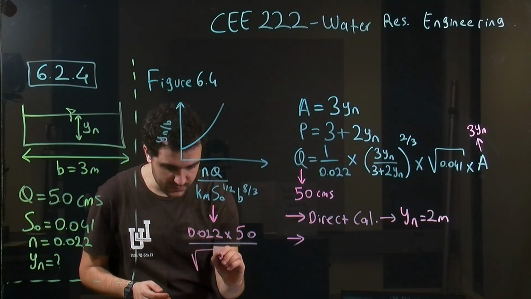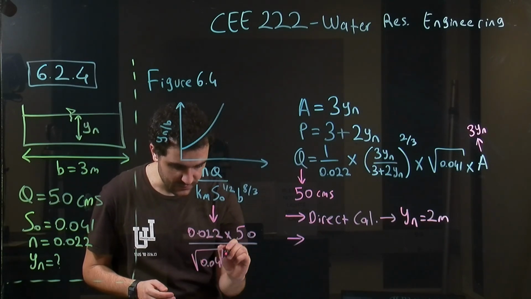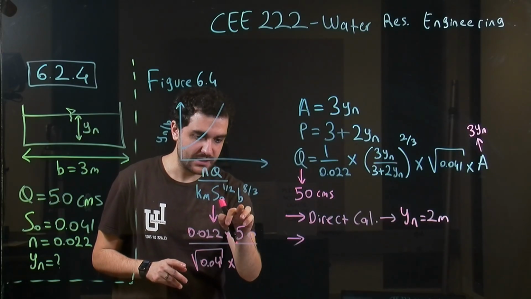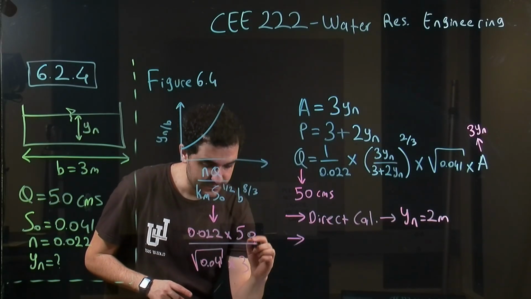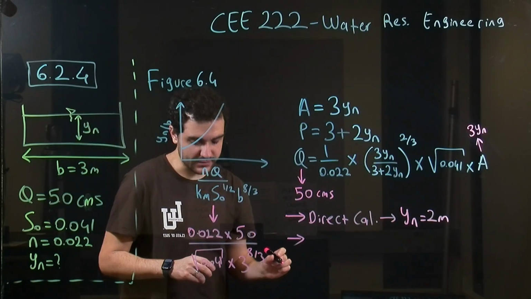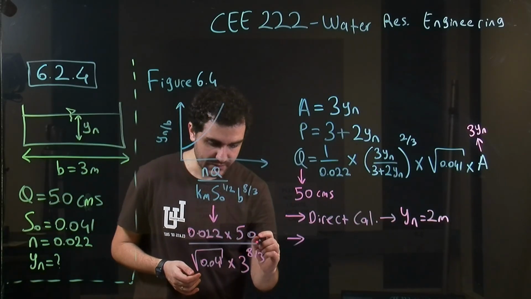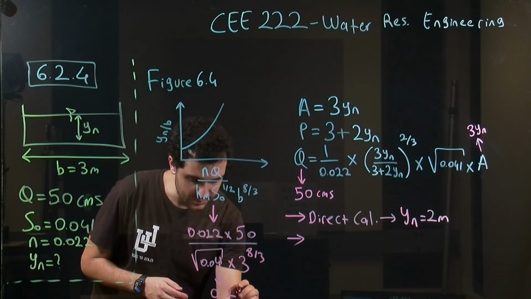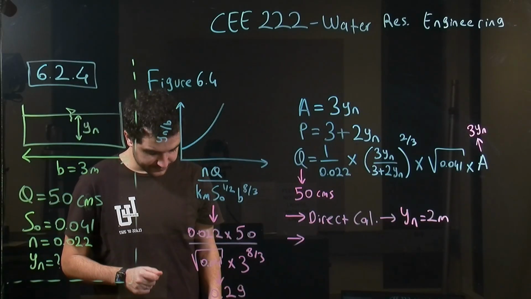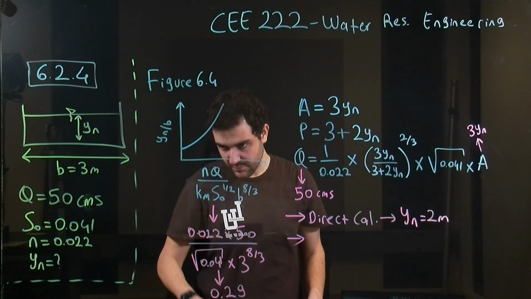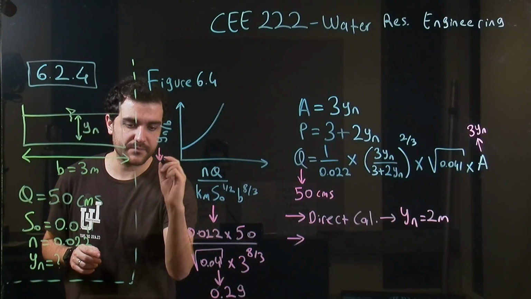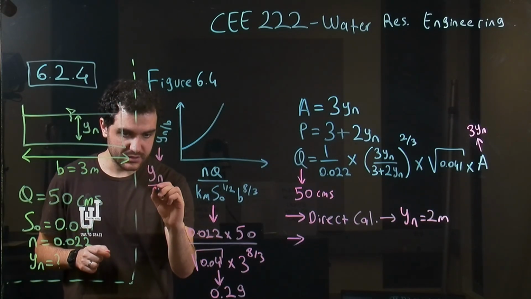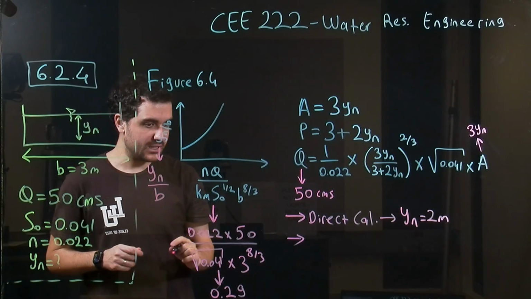So we have 0.1, 0.041 times the width, to the power of 8 over 3. So this actually gives 0.29. And on this side, this time we will have normal depth over B, and B was 3.